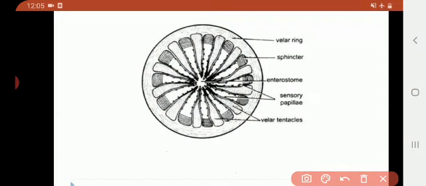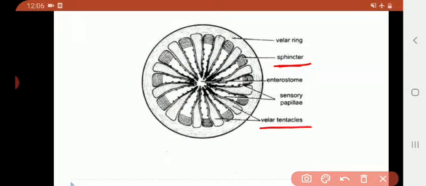Now the velum, which is found at the junction of the vestibule and the pharynx, is provided with a sphincter. This sphincter helps to open or close the enterostome, right? And the posterior border of the velum is provided with 10 to 12 slender sensory velar tentacles.